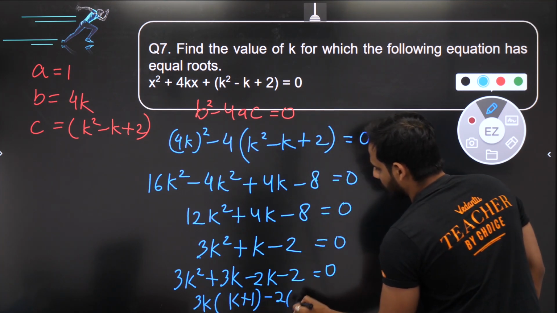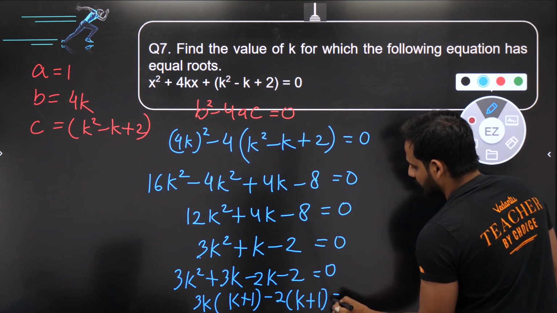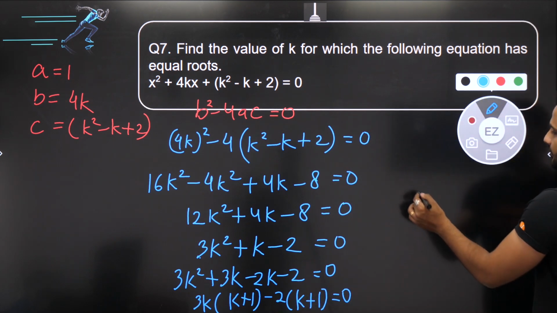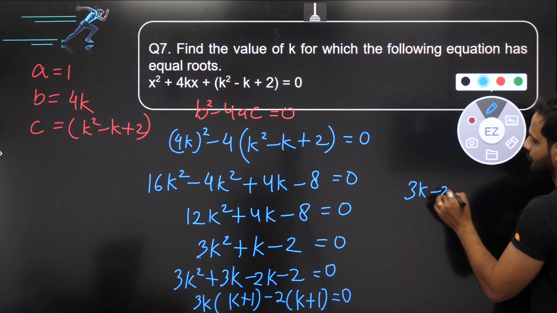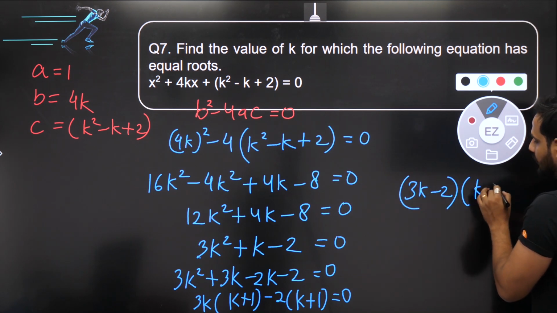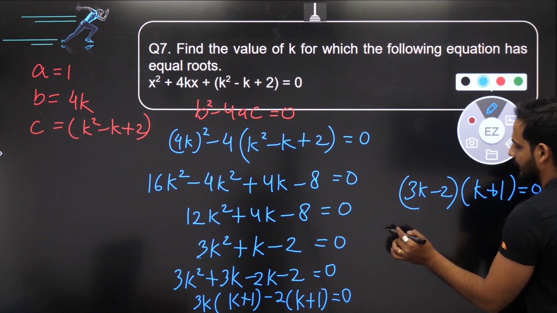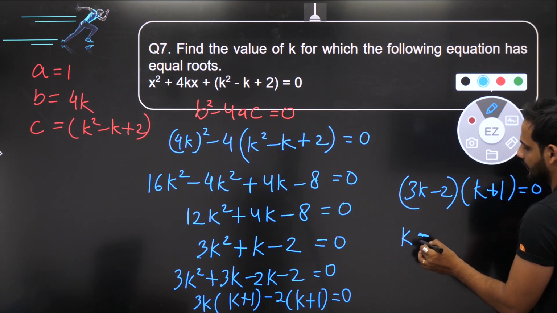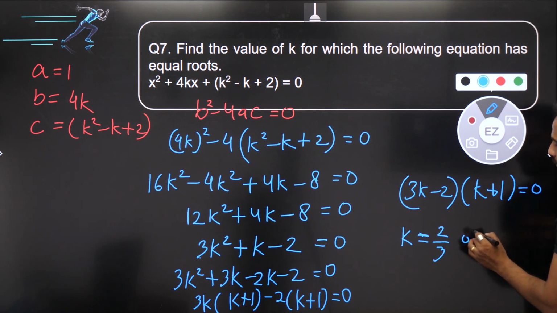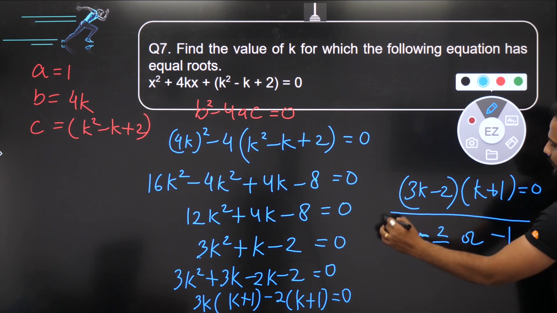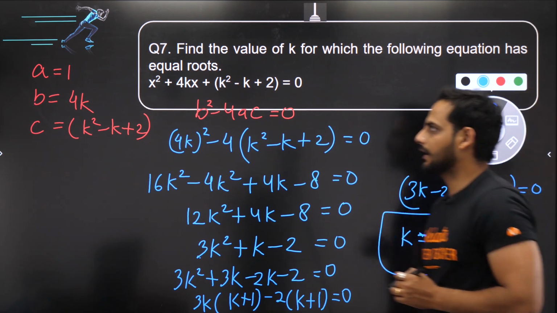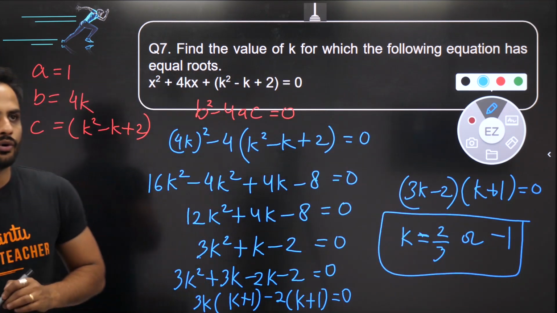Take minus 2 common, you'll be left with k plus 1 equal to 0. So the factorization will be 3k minus 2 into k plus 1 is equal to 0. So from here you'll be getting k is equal to either 2 by 3 or minus 1. So these are the possible values for k.